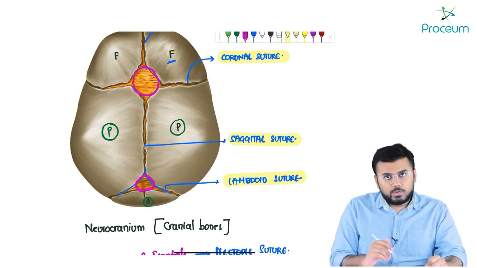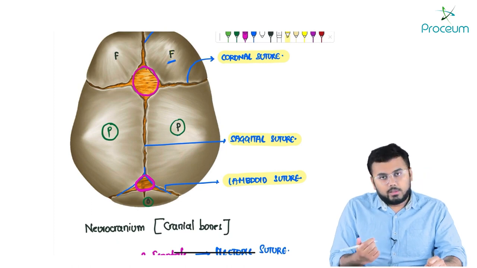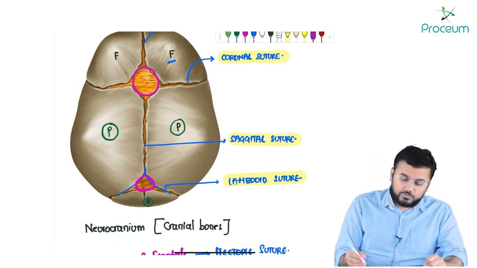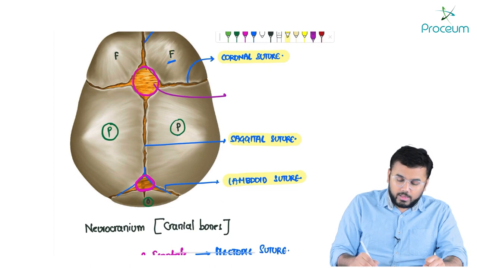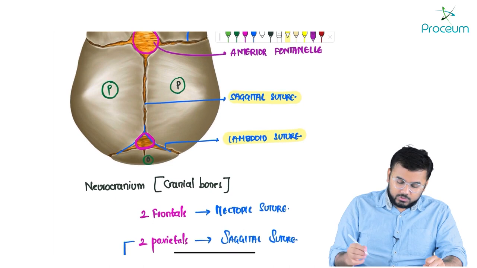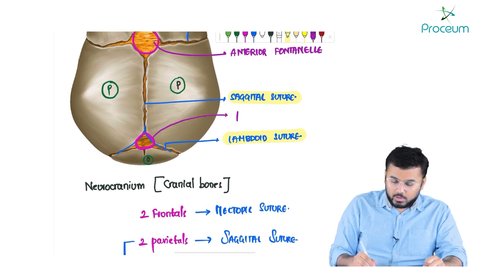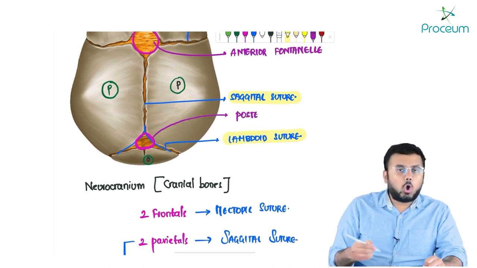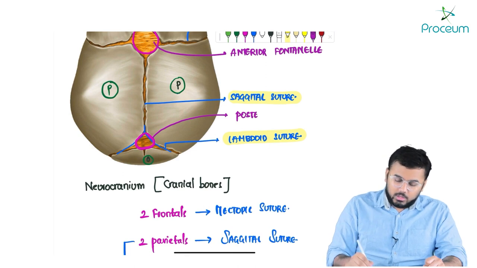The fontanelle on the front is called the anterior fontanelle, and the one on the back is called the posterior fontanelle or occipital fontanelle.